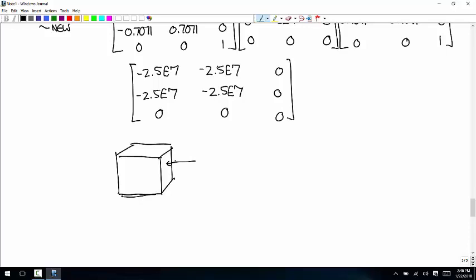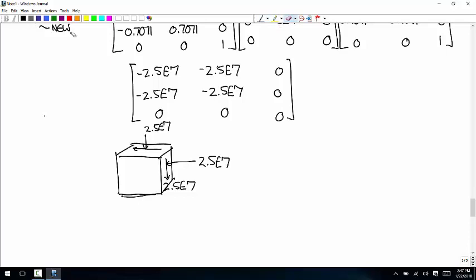So now we have 2.5 times 10 to the 7 there, 2.5 times 10 to the 7 there, and then here, those are negative. So here and here, these are also 2.5 times 10 to the 7. Okay, so we went from having no shear stresses to having shear stresses.